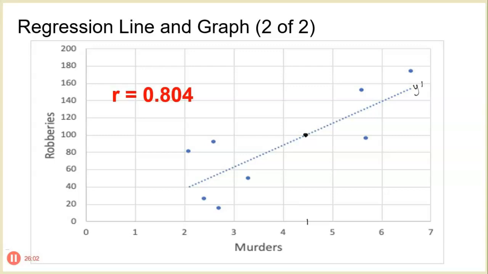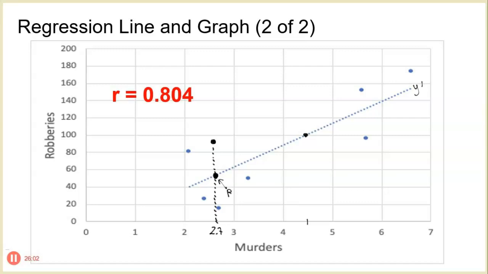Any point that is above the line is underpredicted. Like this point here, if I go down to the x-axis, let's say the value is 2.7 murders. At 2.7 murders, the line is predicting this many robberies.